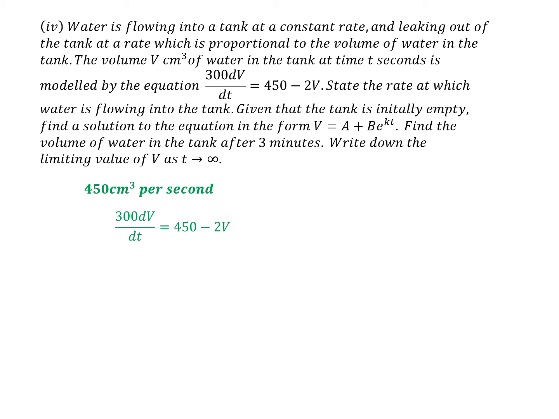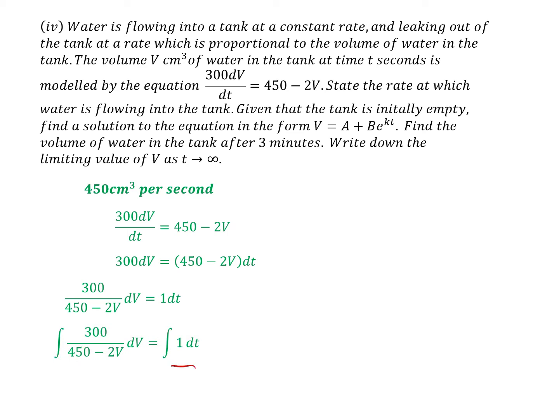So I'm going to bring the dt over to the other side by multiplying both sides by dt. And then I've got this bracket here, this factor, which has got the v in it. That needs to go over to the other side. So I divide by that factor to give me the equation now where the variables are separated. Now I can integrate both sides.